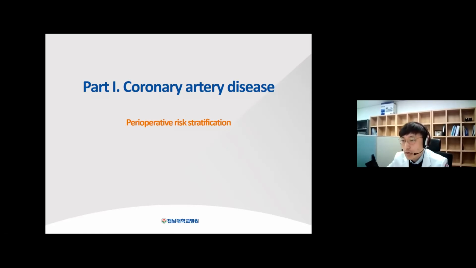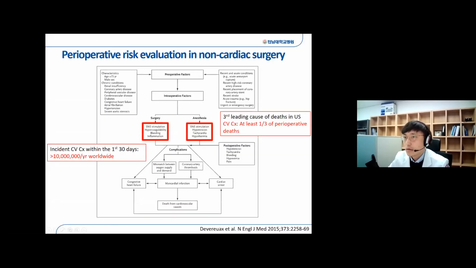Okay, we'll go on with the perioperative risk stratification. Perioperative risk evaluation is needed for the preparation of non-cardiac surgery.